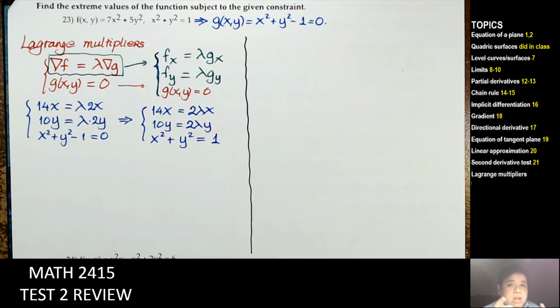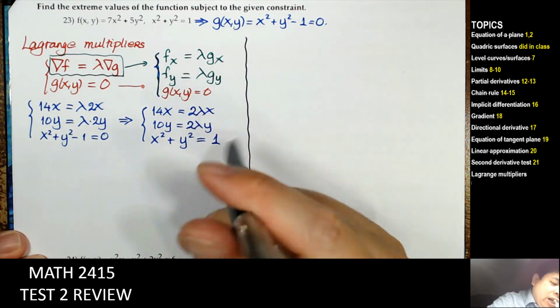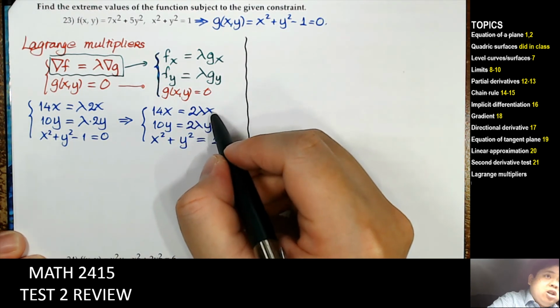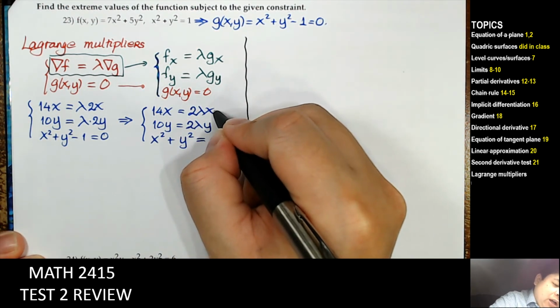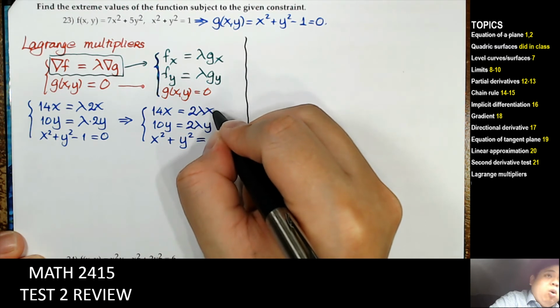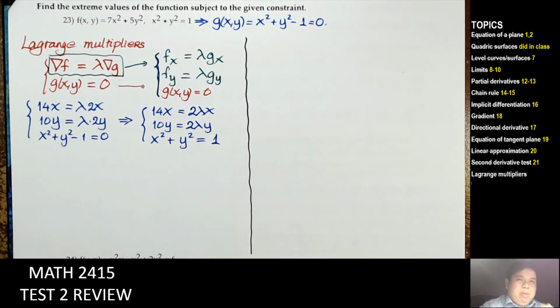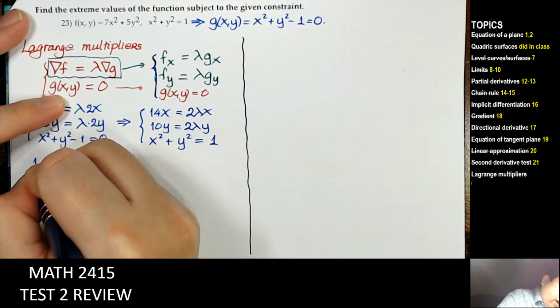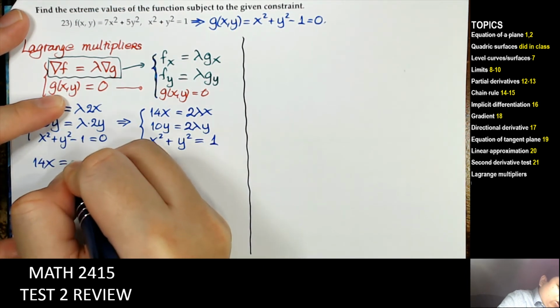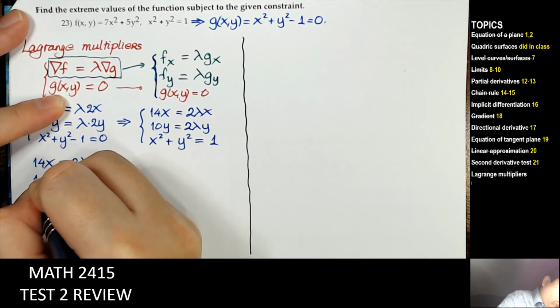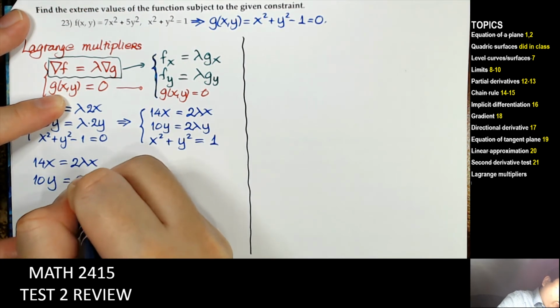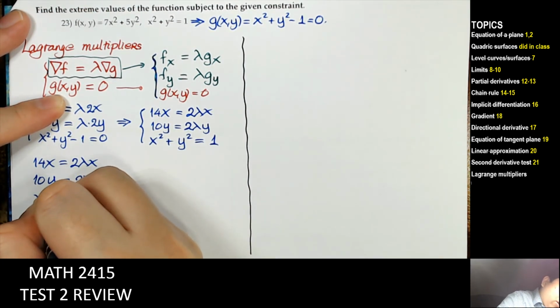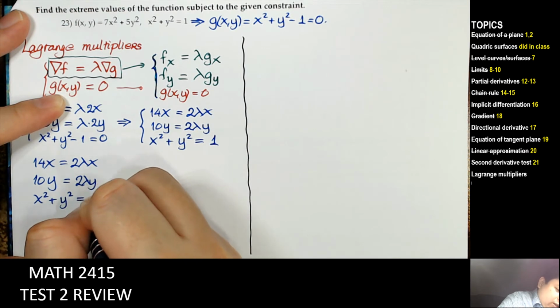So I'm going to eliminate lambda because we don't need it. To eliminate lambda, let's write that again: 14x equal to 2 lambda x, 10y equal to 2 lambda y, x squared plus y squared equal to 1.